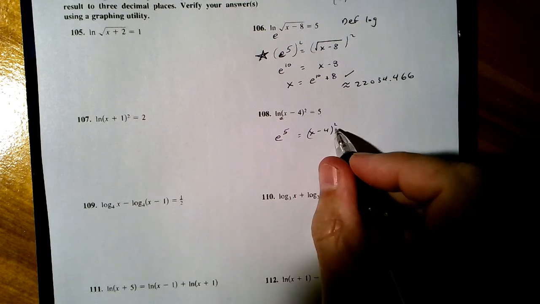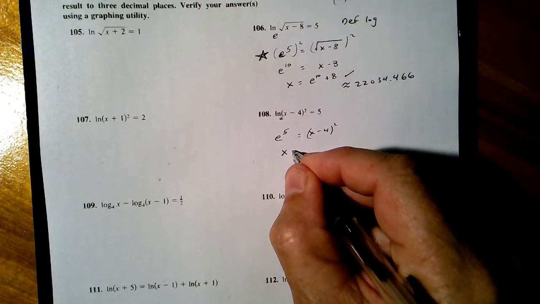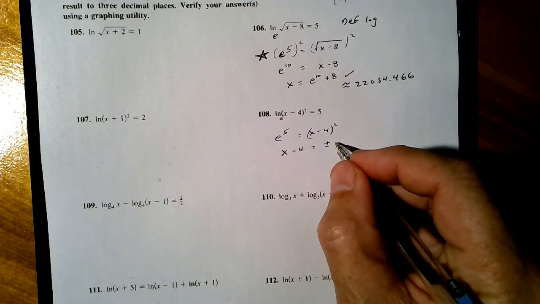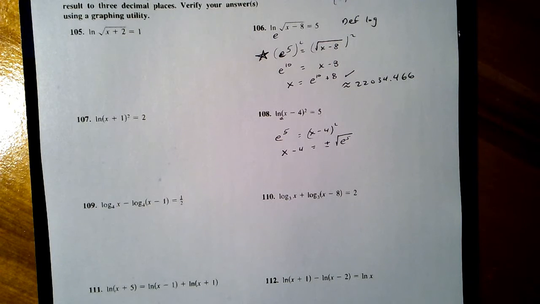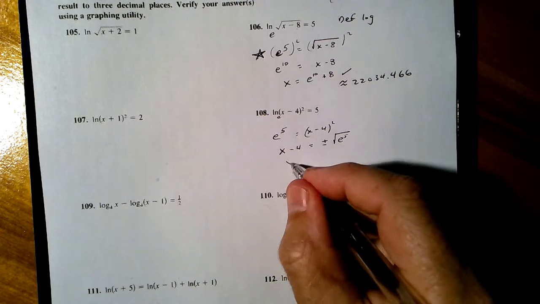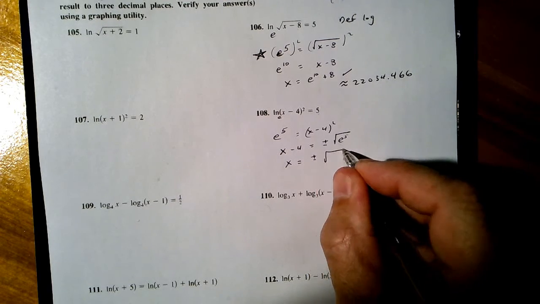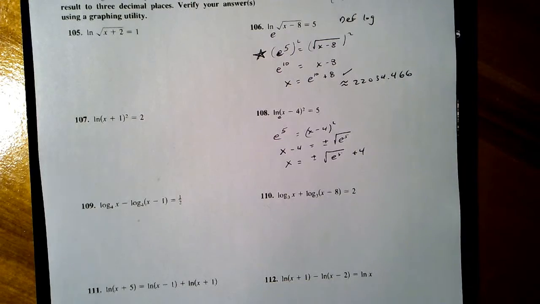So I need to take the square root, and that wants to be plus or minus. x minus 4 equals plus or minus the square root of e to the 5th. So x equals plus or minus the square root of e to the 5th plus 4.